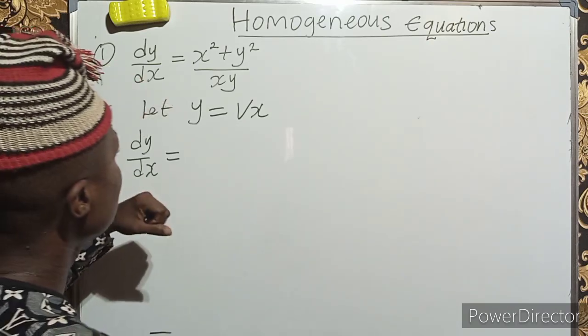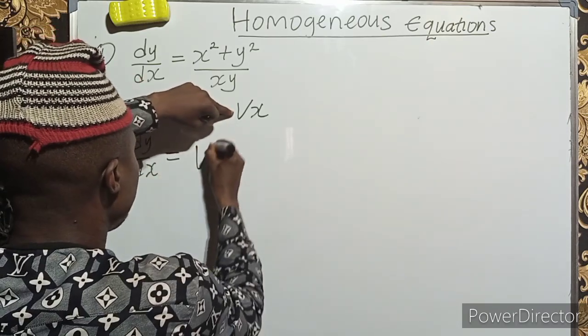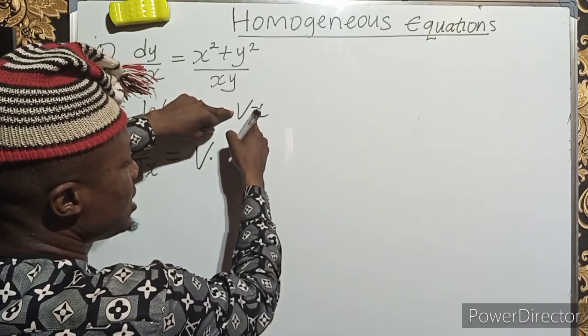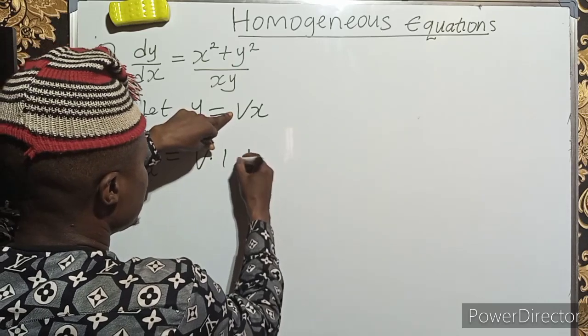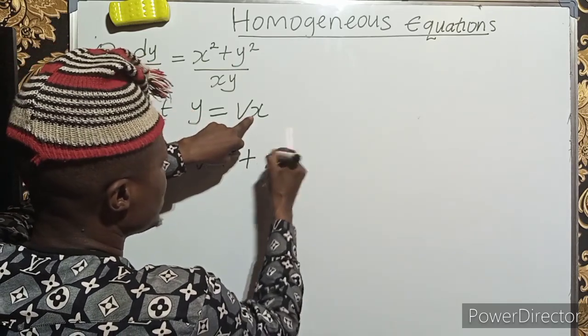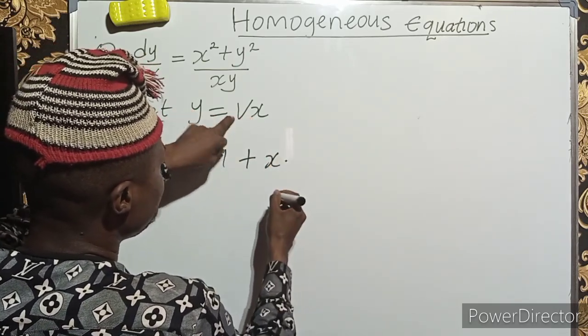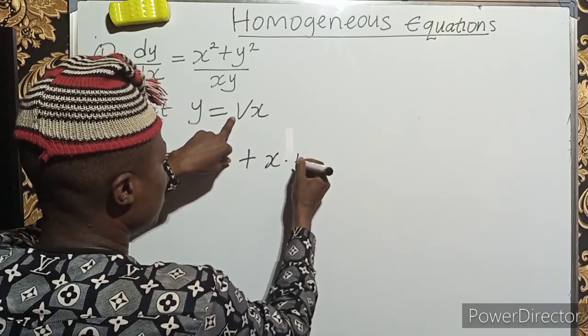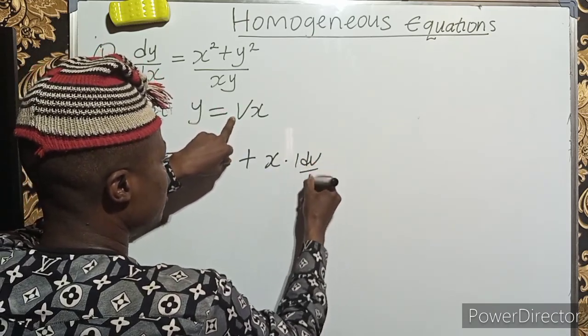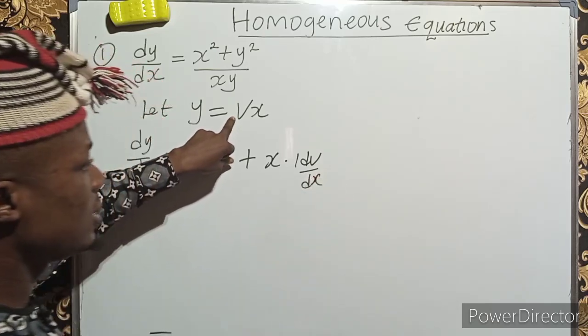So the dy over dx means you get v, keep v constant, then differentiate x. If I differentiate x, I will get 1 plus, this time around I'll keep x constant and differentiate v. If I differentiate v, I will get 1, but because I'm not differentiating with respect to v, I'll attach the dv over dx.